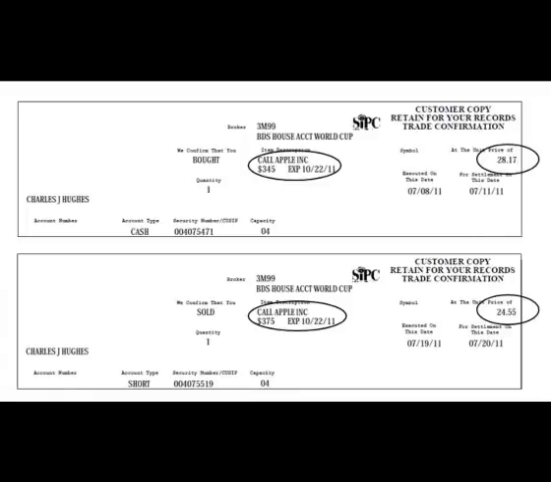For example, I'm displaying two brokerage confirmations. These were for Apple options that I purchased several weeks ago. And the top confirmation shows that I purchased the Apple October 345 strike call for 28.17, and that was on July 8th.